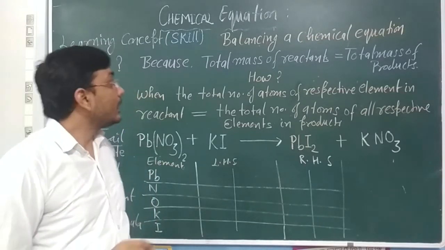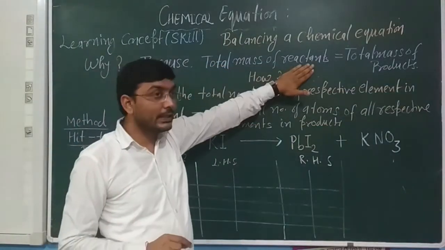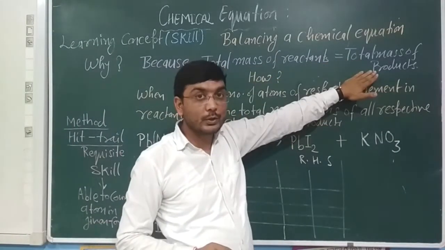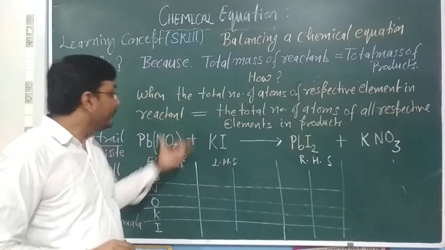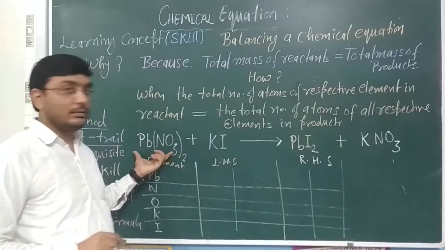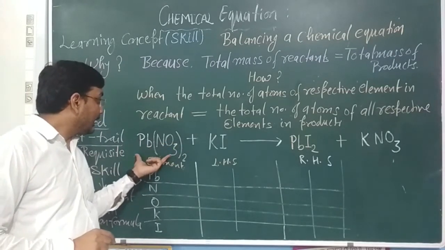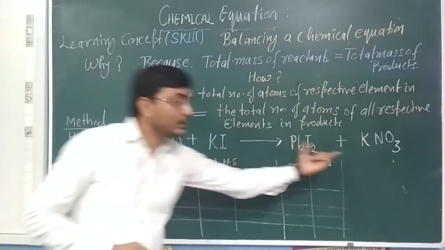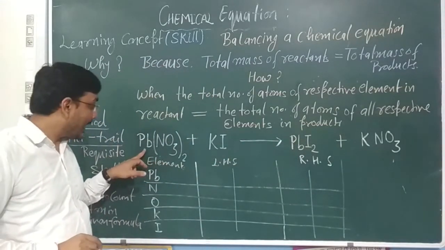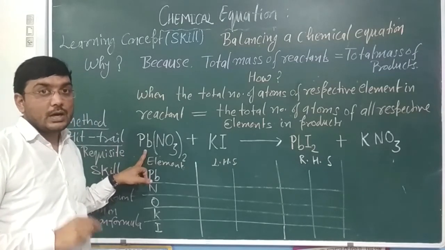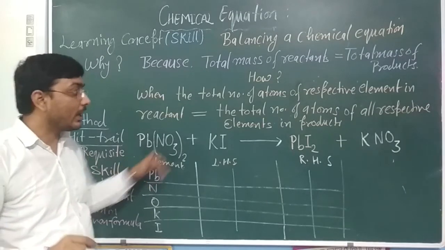Second point, how will you achieve that the total mass of reactants is equal to the total mass of products? As you know, every chemical reaction contains the reactants and the products. In the reactants, there are atoms of a particular reacting substance, and the products are obtained.